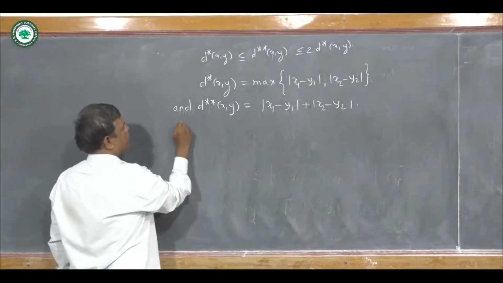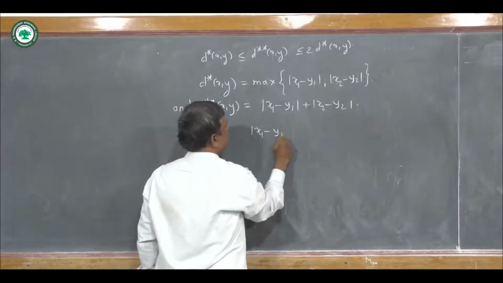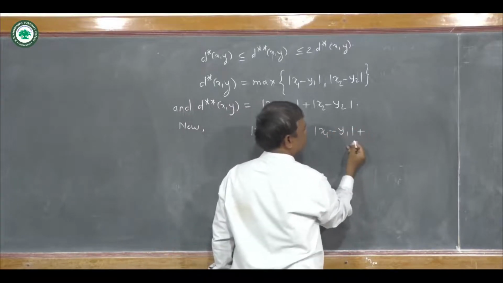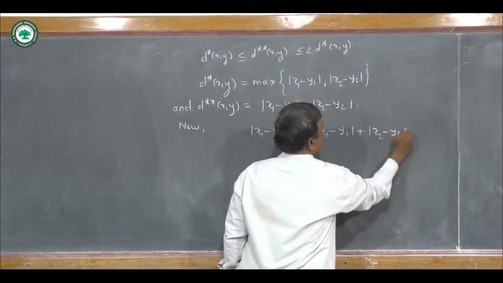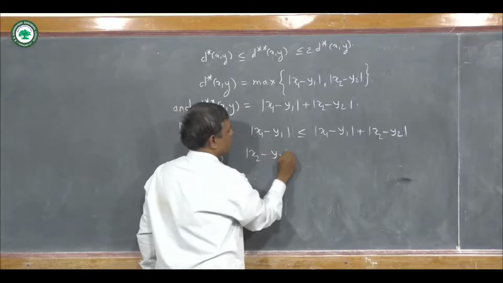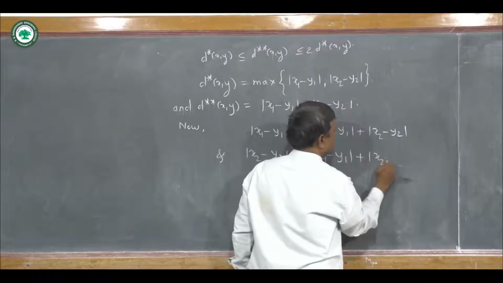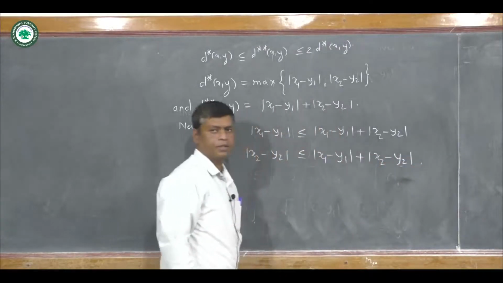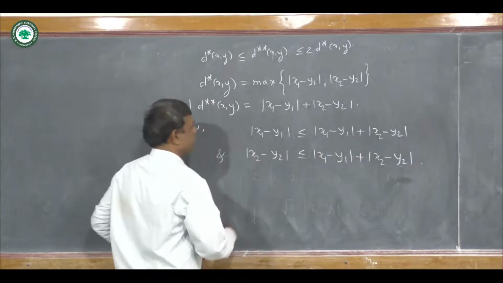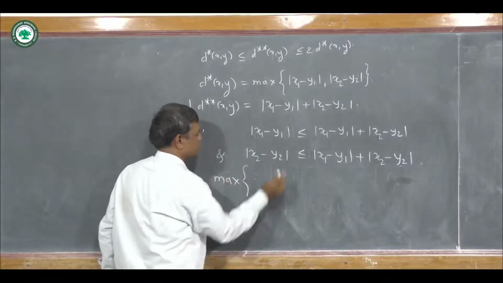Now we know that absolute value of x1 minus y1 is always less than or equal to absolute value of x1 minus y1 plus absolute value of x2 minus y2, and absolute value of x2 minus y2 is always less than or equal to absolute value of x1 minus y1 plus absolute value of x2 minus y2. Now we have the same expression on the RHS. Okay, now for the LHS, we take the maximum value of these two.